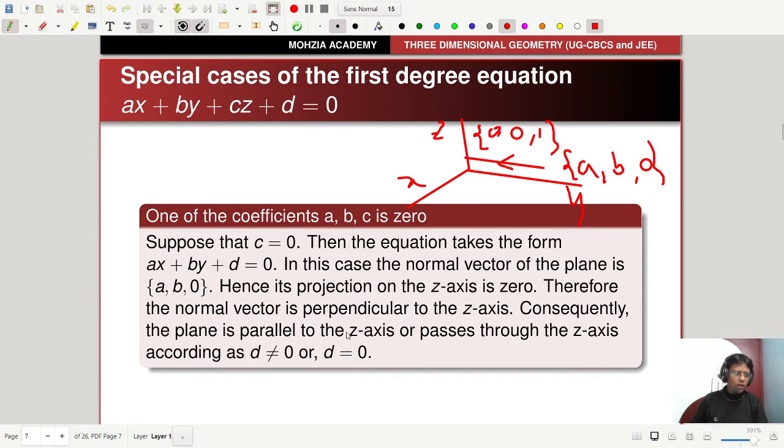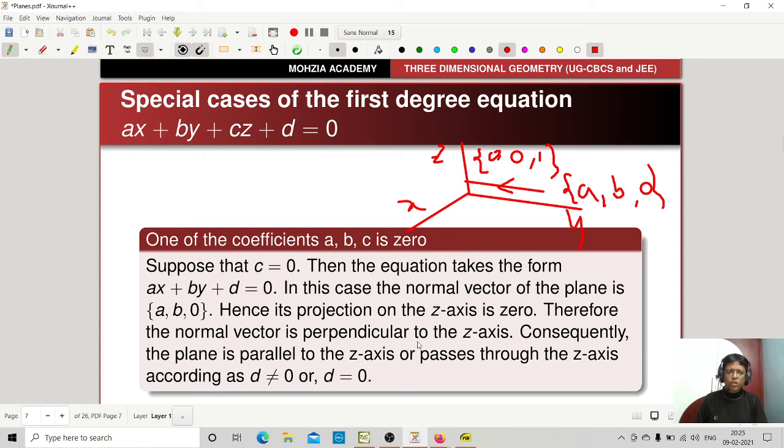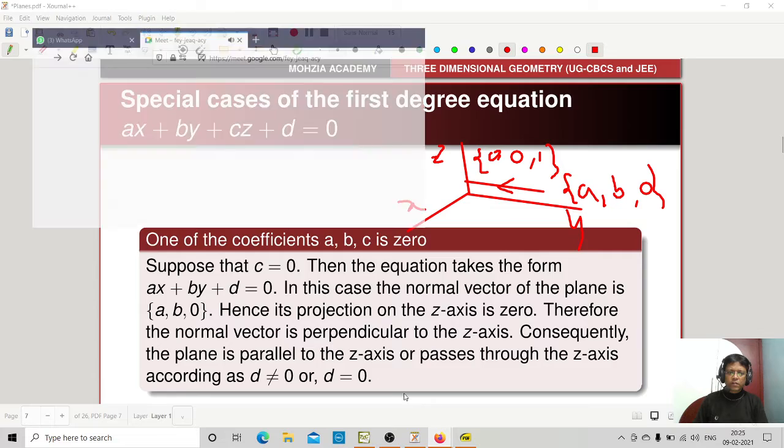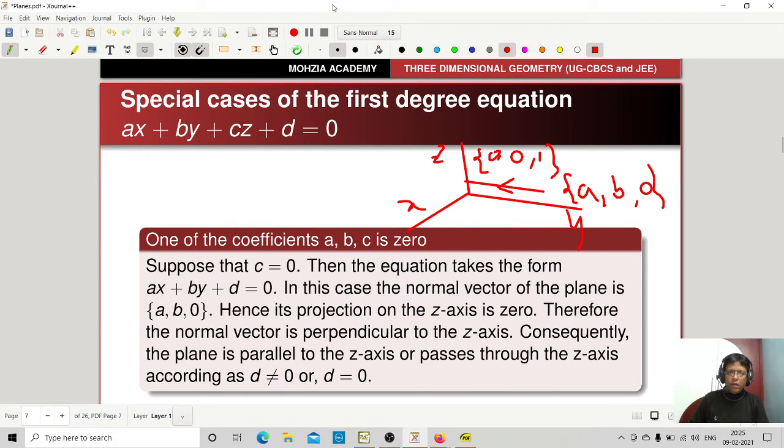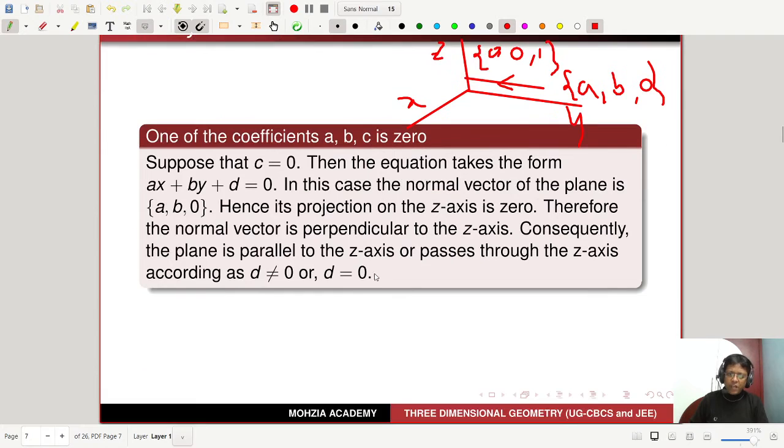Okay, so in this case we have considered c equal to 0. So we can consider b equal to 0. Suppose we are considering b equal to 0.